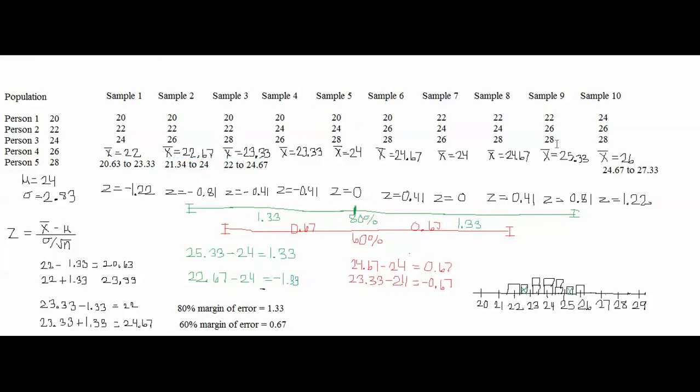And if we did it with sample 9, it would end up being 24 to 26.66. So notice how when we create the 80% confidence interval with the samples at the boundary points of the middle 80%, the confidence interval barely reaches the population mean.